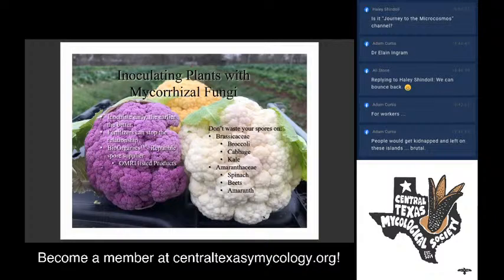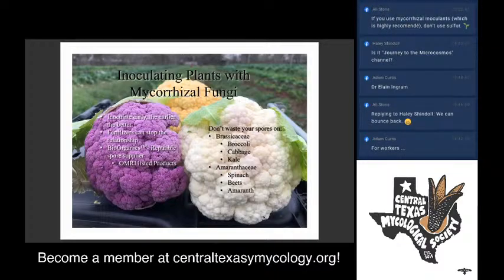If you're a farmer or a precocious gardener who wants to take on a project like that, I would like to do that with the society, because it's something I've always been curious about. We would hope to incorporate a wild mycorrhizal variable into some mycorrhizal agricultural research in the future.